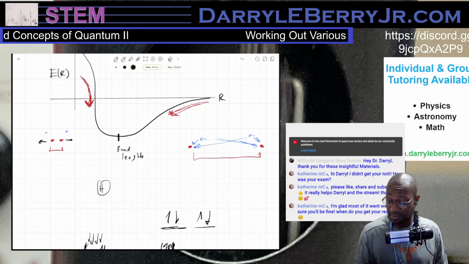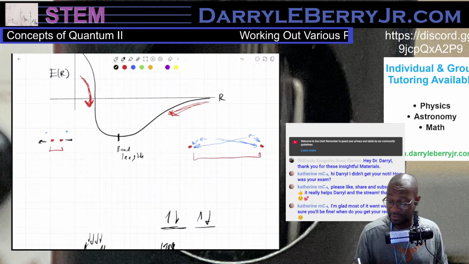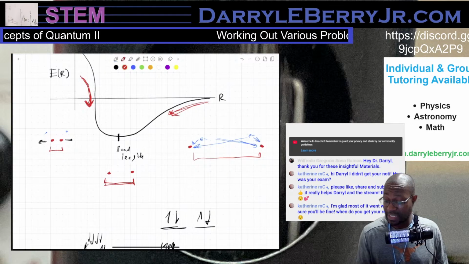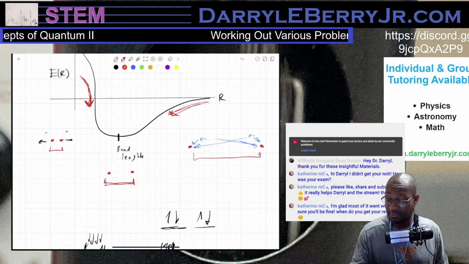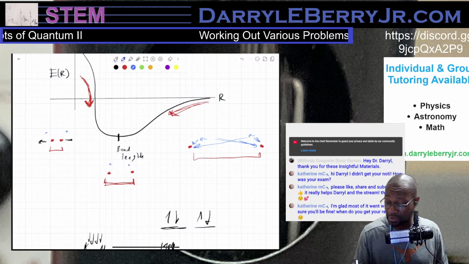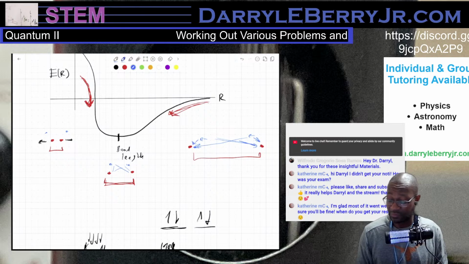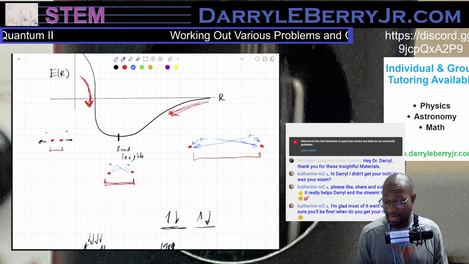So now you have this bond length that's just perfect. It's not too long, it's not too short, so the protons are not pushing too hard away from each other. But at the same time, the electrons are happy because they can share these two protons. They can get attracted to this one and that one, and now each of them feels like they have two protons, and everybody's happy.